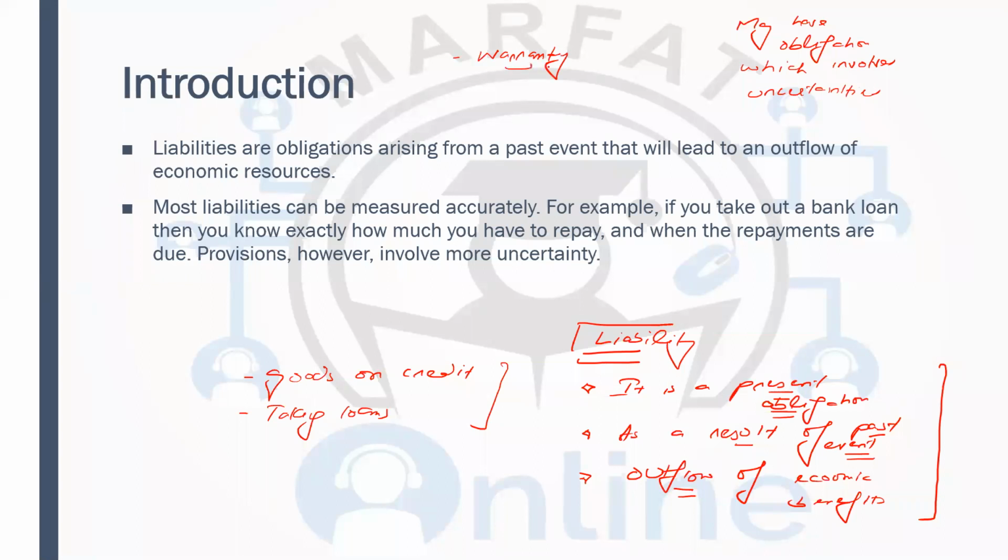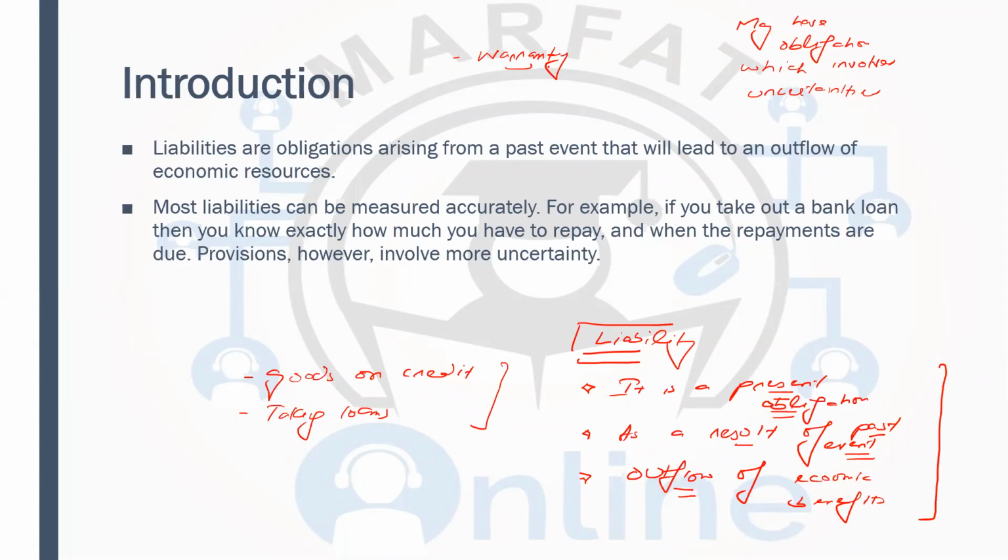When you have offered the warranty on your product, which covers accidental damage, or if the product is not working properly, then you're going to repair it or replace it. So when the customer comes with the product as a claim, you have to incur some expenditure either to repair it or replace it completely. That is going to be an expense and a cost for the company.